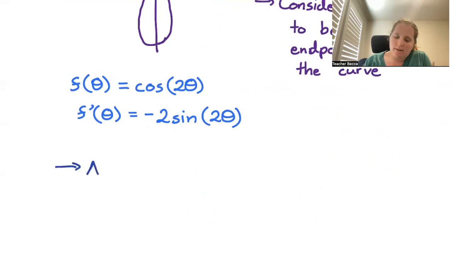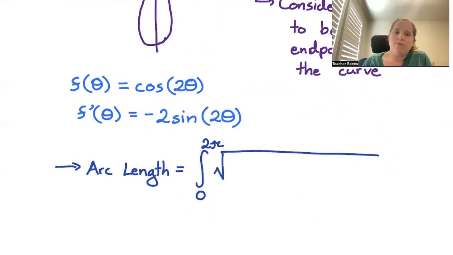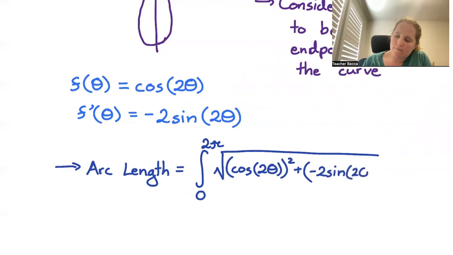We get that the arc length is the definite integral from 0 to 2 pi of the square root of f of theta squared, so cosine of 2 theta squared, plus f prime of theta squared, so negative 2 sine of 2 theta, both things squared, and then d theta.